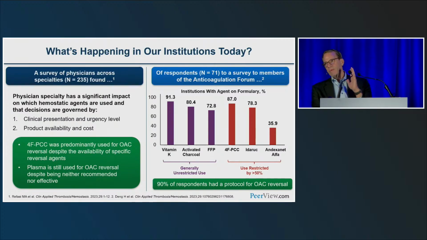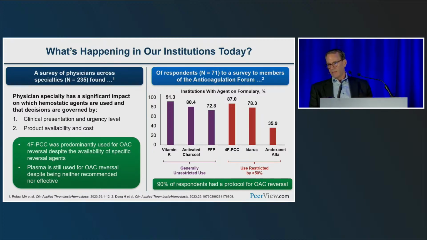But you find that the number of molecules of factor 10 in a standard or even high dose of PCC is an order of magnitude lower than the number of molecules of factor 10A inhibitor, such as apixaban or rivaroxaban, at a therapeutic level. So you would expect PCC to work at maybe lower levels, which of course is when you expect people to bleed less, or at least have less involvement of the anticoagulant in the bleeding scenario.